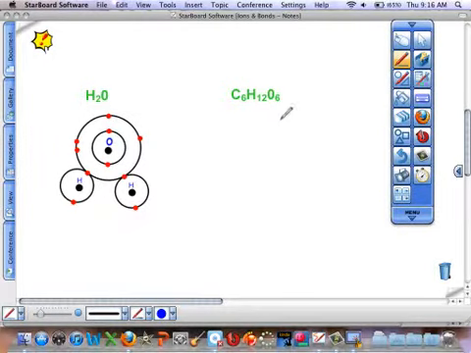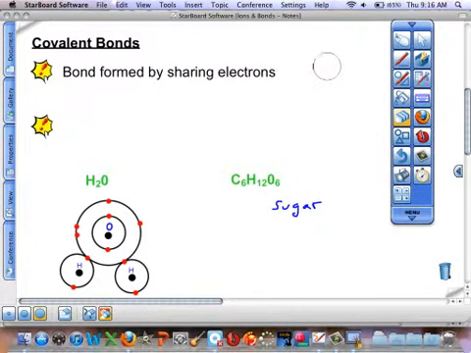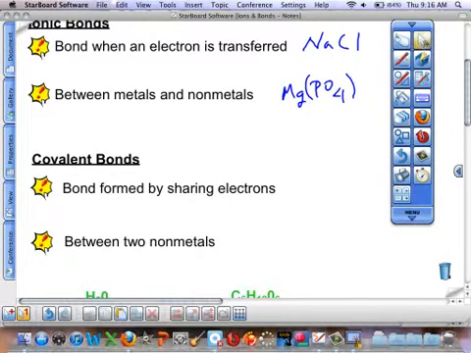Yeah, that's sugar. These are called covalent bonds. A covalent bond is basically when the electron is being shared. So if you're sharing the electron, that's going to be a covalent bond. Ultimately, it's when you have two nonmetals that are being bonded together.